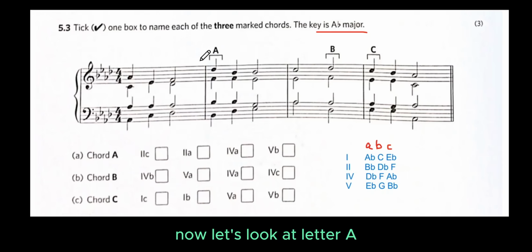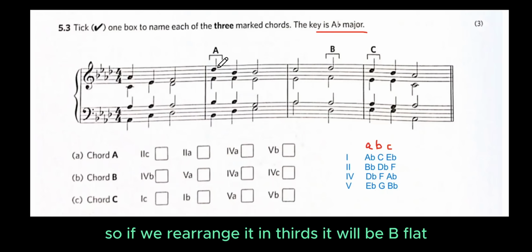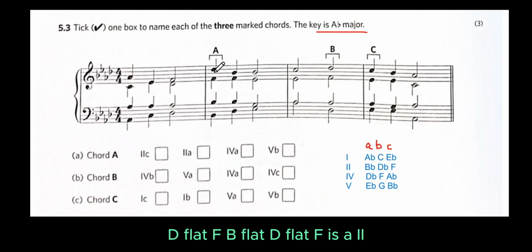Now let's look at letter A. Spell out the chord B flat, F, D flat. So if we rearrange it in thirds, it will be B flat, D flat, F. B flat, D flat, F is a 2. And in the bass is the B flat. That means the root position.